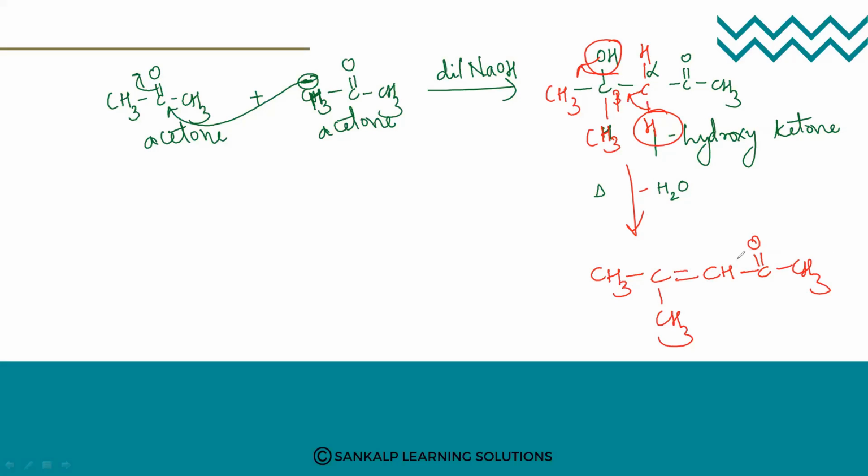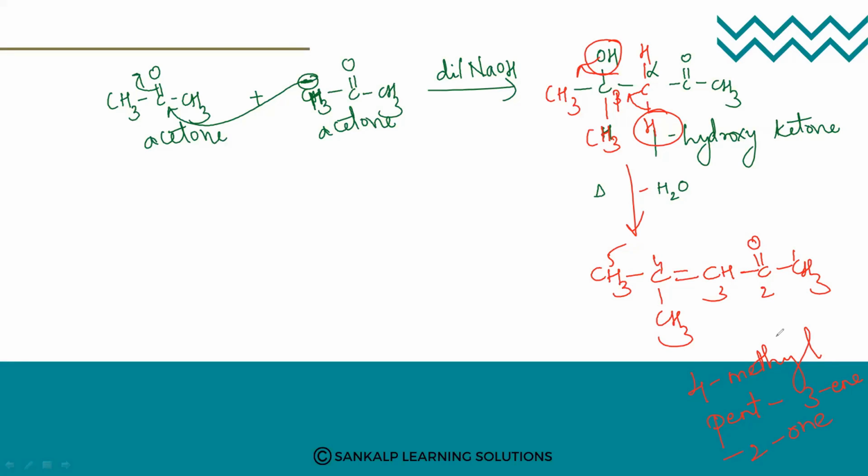So what is it forming? What is the name now? If this is 1, 2, 3, and 1, 2, 3, 4, 5, it will be 4-methylpent-3-en-2-one.